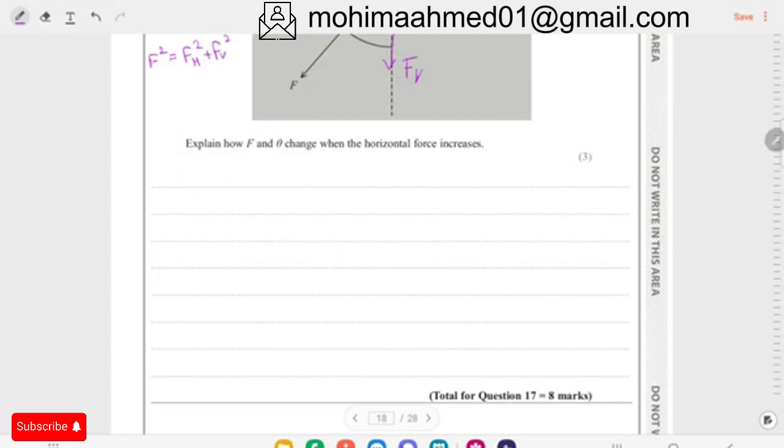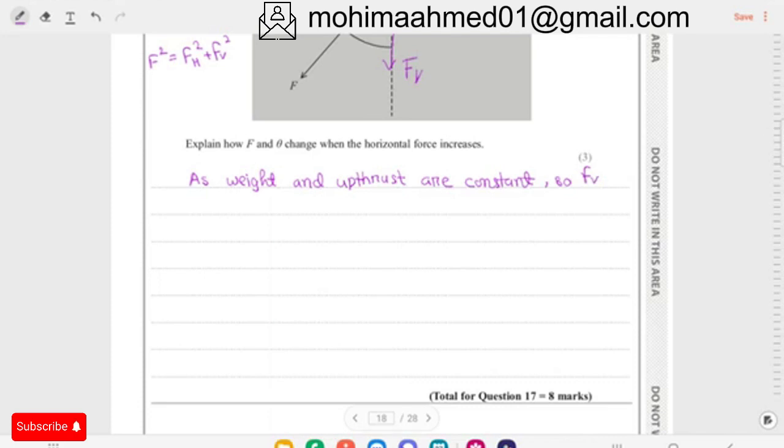At first, as weight and upthrust are constant, you can just write FV. That is the vertical component of the force, that is acceptable in the mark scheme.